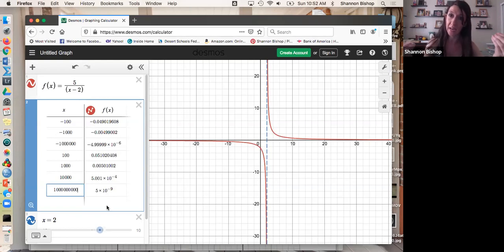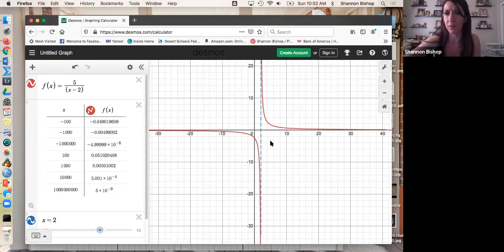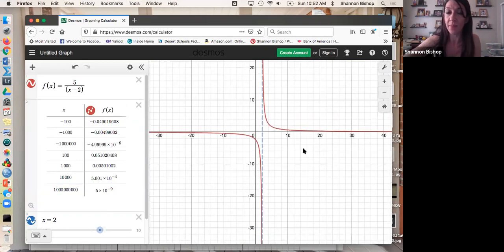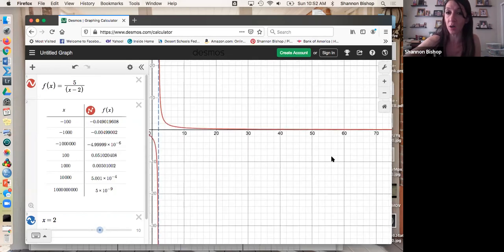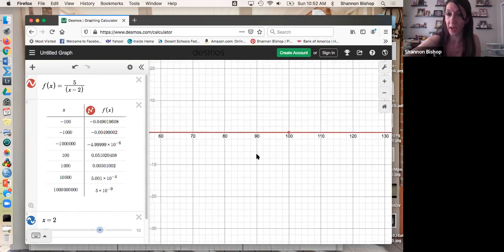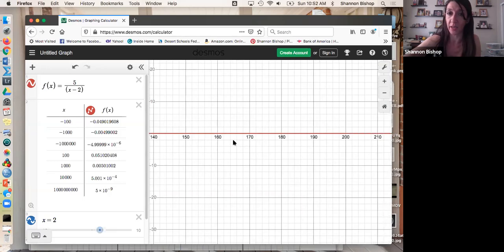Really tiny. So this table right here confirms what your eyeballs are kind of showing you, and that is that in the long run, way out here, this function does level out at pretty much 0.